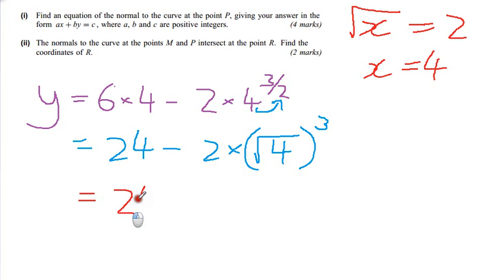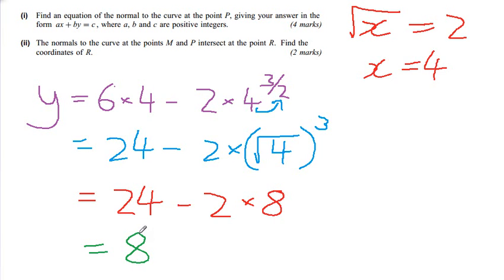So we've got 24 minus 2 times, now the root of 4 is 2, 2 cubed is 8. So 2 times 8, which is then equal to 24 minus 16, which is 8.